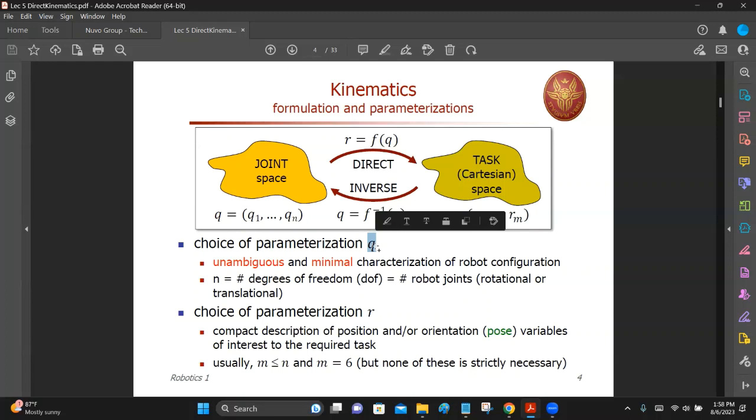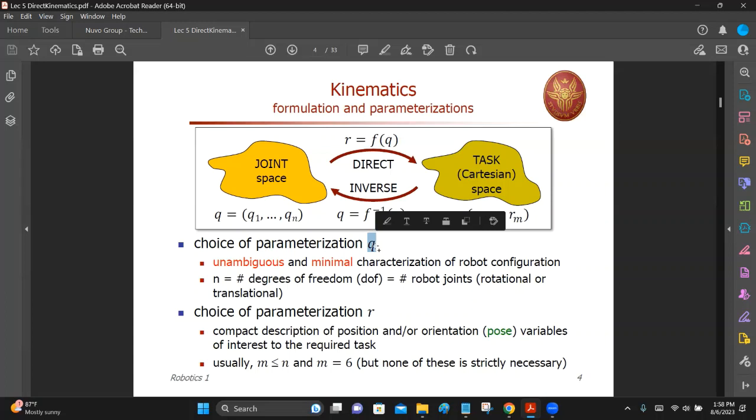But here it is Q. It's different. The reason is some of the joints are actually not rotary. They can be prismatic as well. So then we need a common variable for joint variables. We call it joint variable.